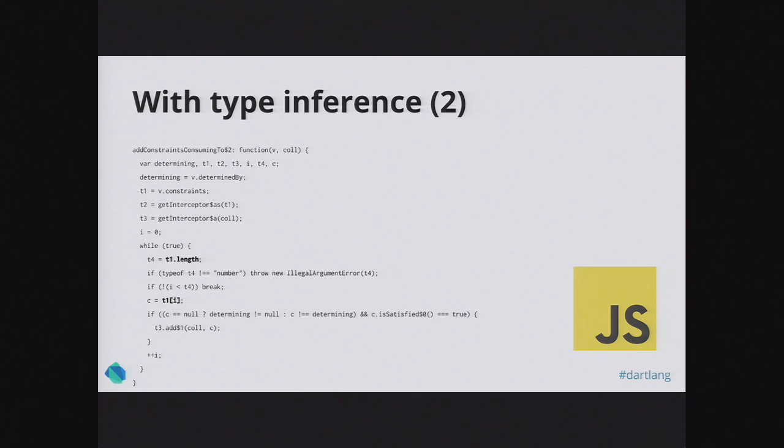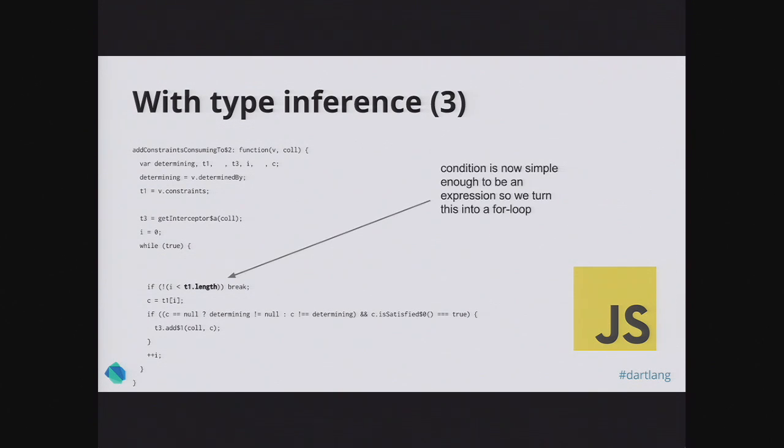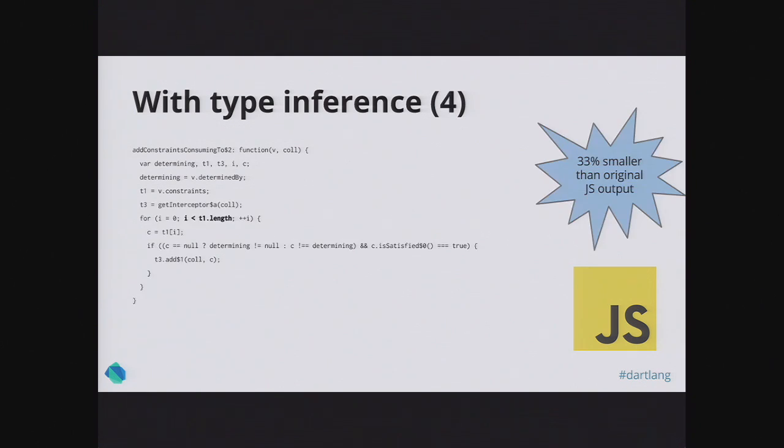Simple stuff. Even better, we know that v.constraints.length is actually an integer. So this whole notion of checking whether or not it's a number goes away. That is a helpful thing. It's starting to improve. Now the condition that we have in the loop is turning simpler. We can change the while loop into a for loop. And at that point, we're already down to 33% smaller than the original code I showed you.